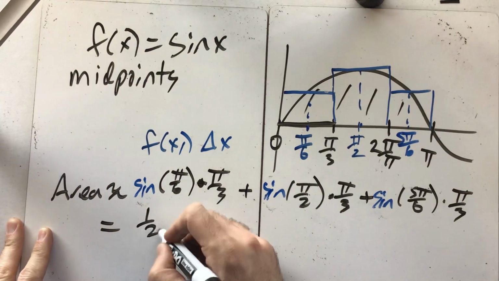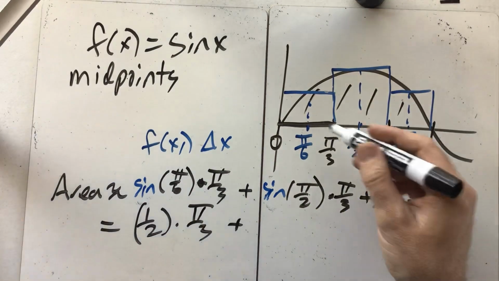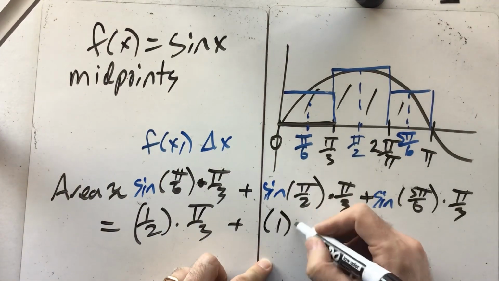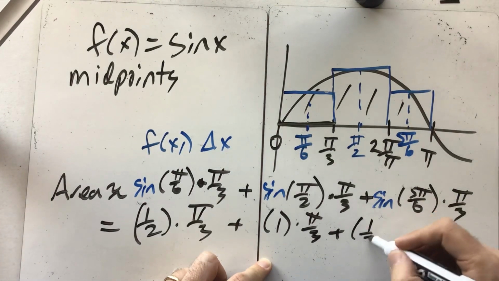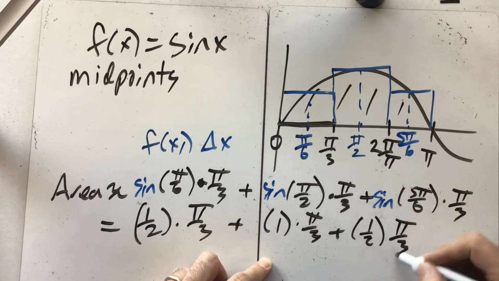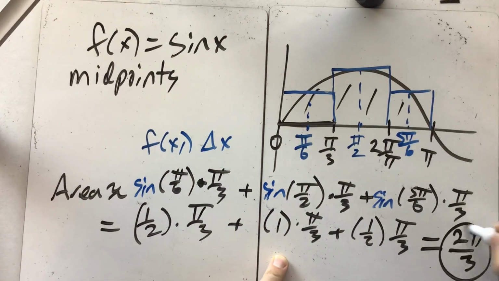Okay, so this is 1/2 times pi over 3 plus, and sine of pi over 2 is 1. So this is 1 times pi over 3, and 5 pi over 6 is also 1/2 times pi over 3. And so you put all those together, and it looks like when we add all these together we get 1, so we end up with 2 pi over 3 for our answer.